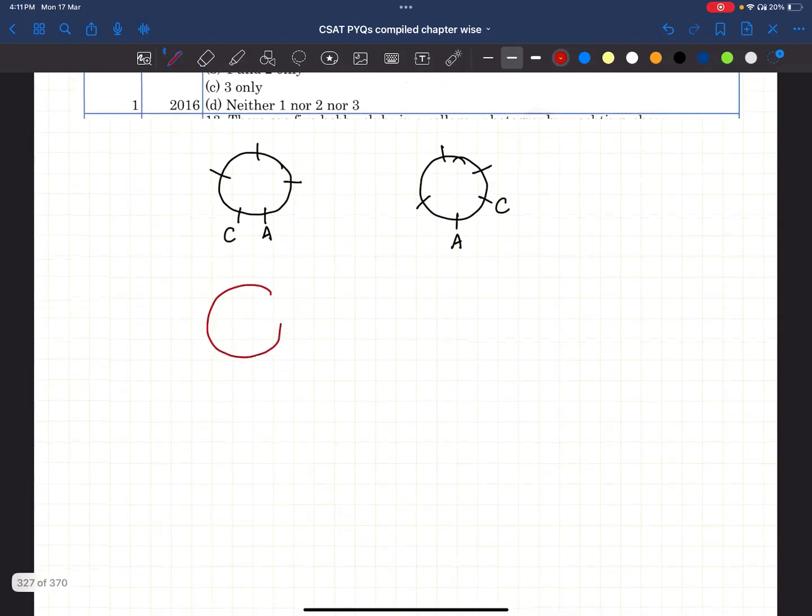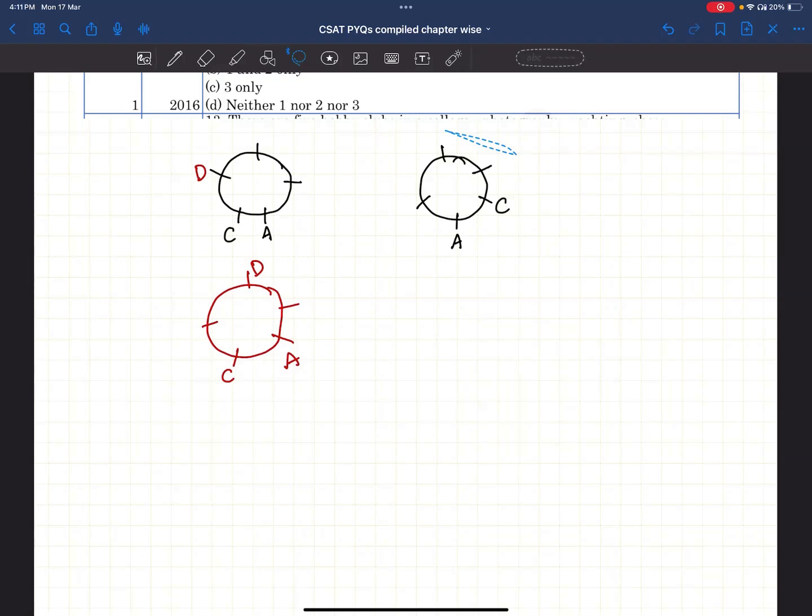So if A and C are placed like this, D can be taken here. Similarly, for the other position of C, what do we get?